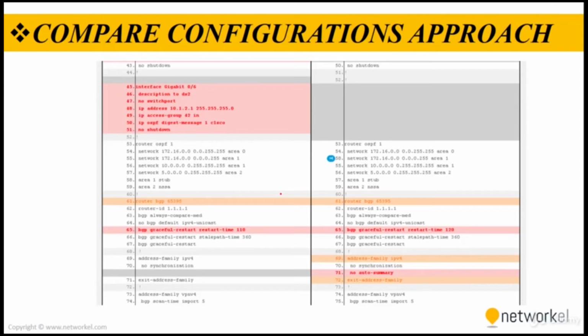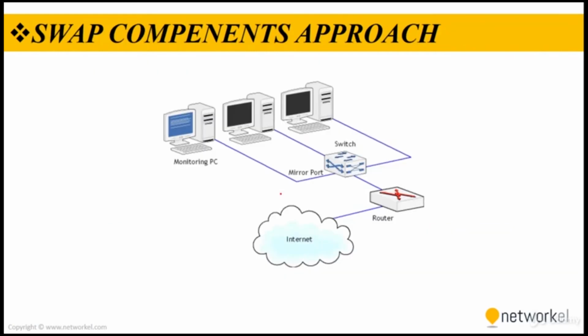In this approach, devices are simply replaced and it is observed whether the problem continues or not. Alright, and we have the swap components approach lastly. In this method, you change the place of the device and check if the problem still persists or not.